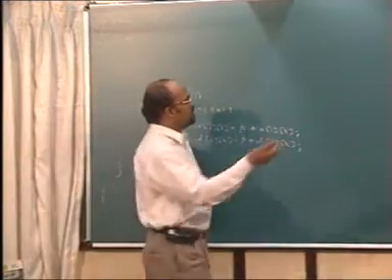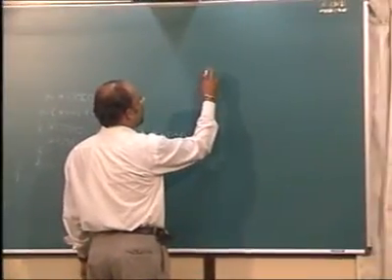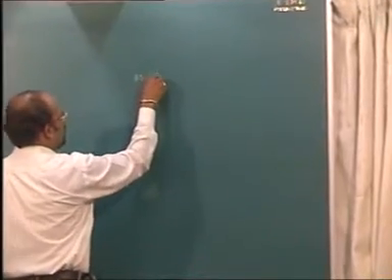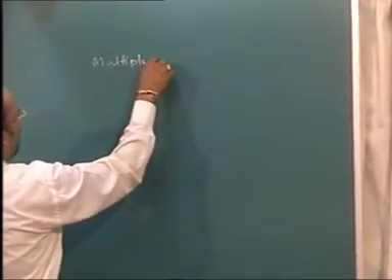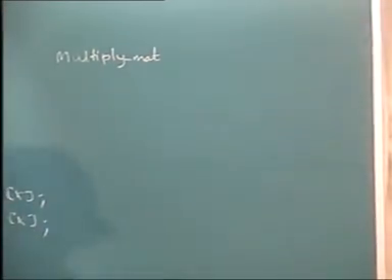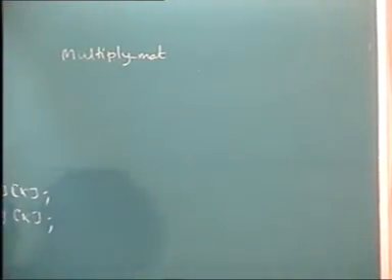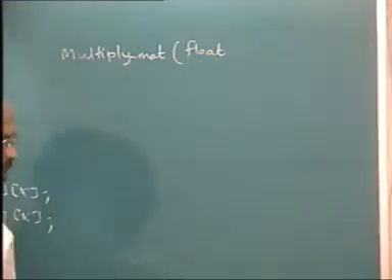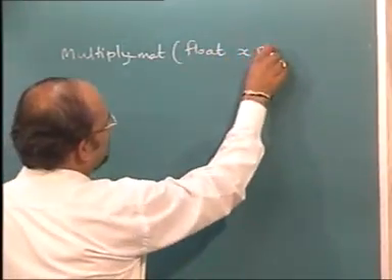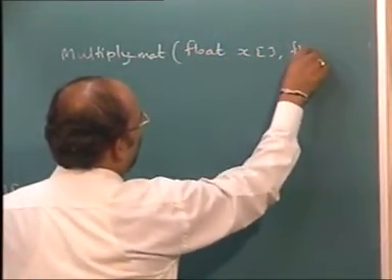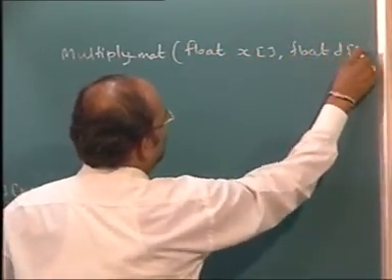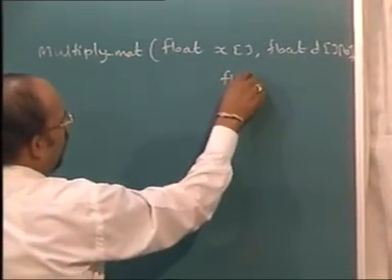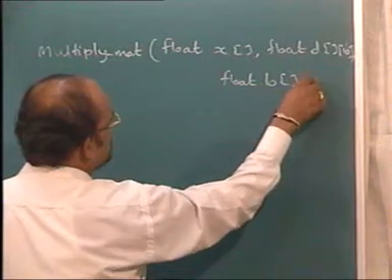I will write it only for this case. Multiply mat: float x in which the answer will go, float d, that is A inverse, float b which is constant, and int n.